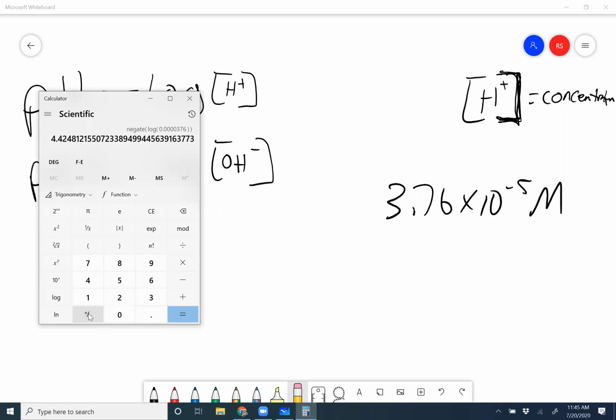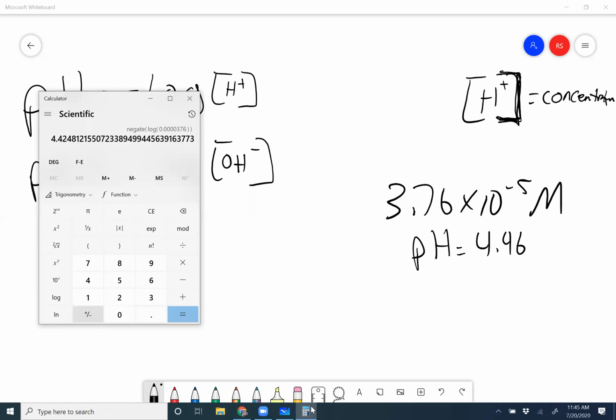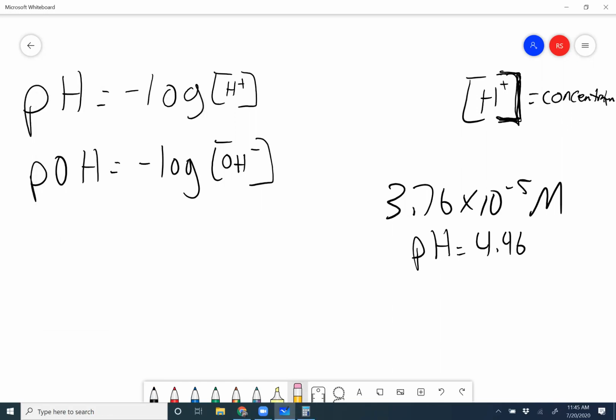You can just hit negative log and then type in what you need to type in, but I don't have that on the computer. So anyway, if we plug this math in, it tells us that the pH is equal to 4.46. 4.3 actually, my bad. 4.3.